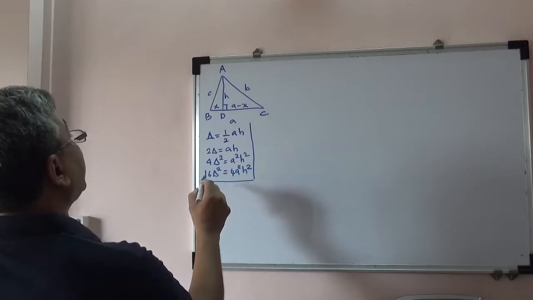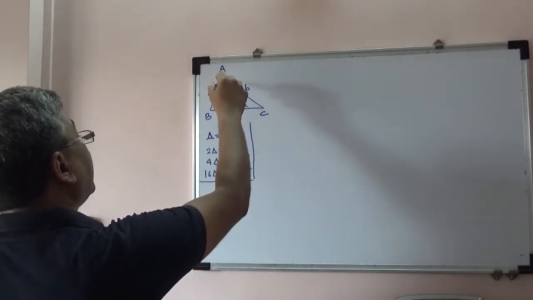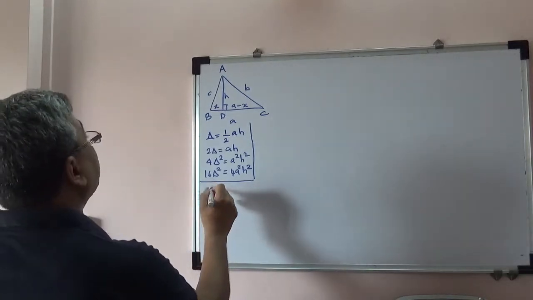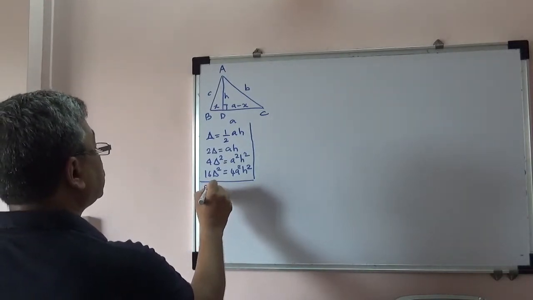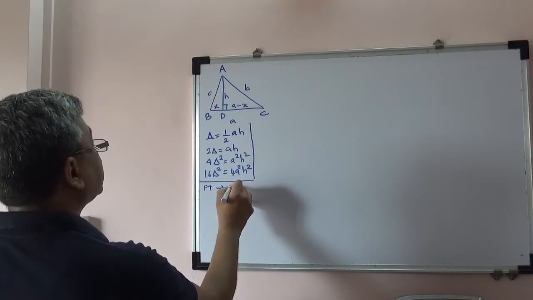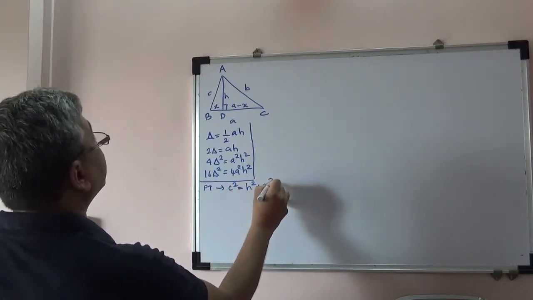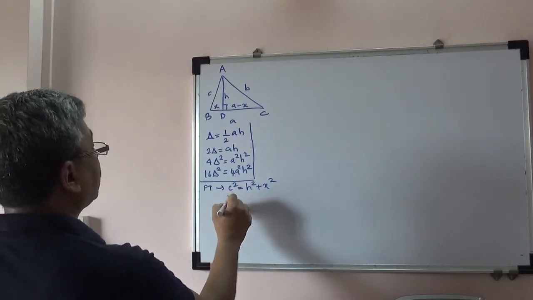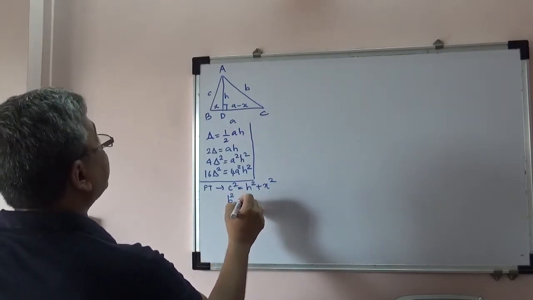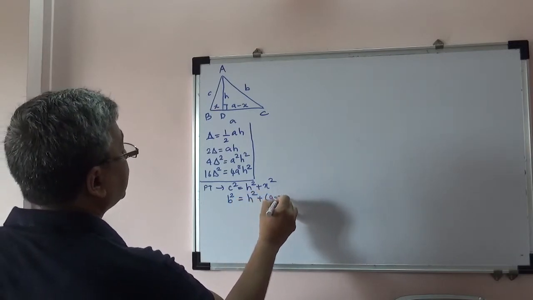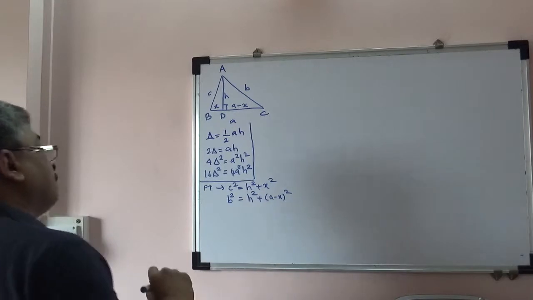Now we have two triangles ABD and ACD, which are right angle triangles. Therefore we can apply Pythagoras theorem. Pythagoras theorem implies c square is equal to h square plus x square. Also Pythagoras theorem implies b square is equal to h square plus (a minus x) whole square.